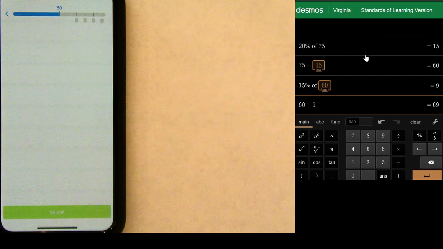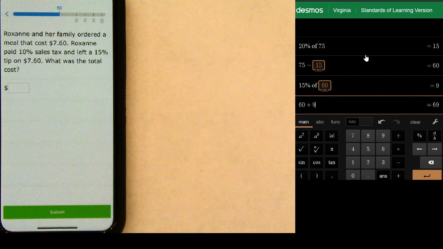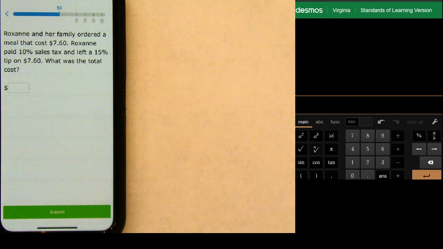Nice. For the next one, it says Roxanne and her family ordered a meal that costs $7.60. That's a cheap meal. So I'm going to find the sales tax first. So I'm going to say 10% of the $7.60, and so the tax amount is going to be 76 cents. However, separately, the tip was on that original amount, so I'm going to say 15% of that $7.60 again.